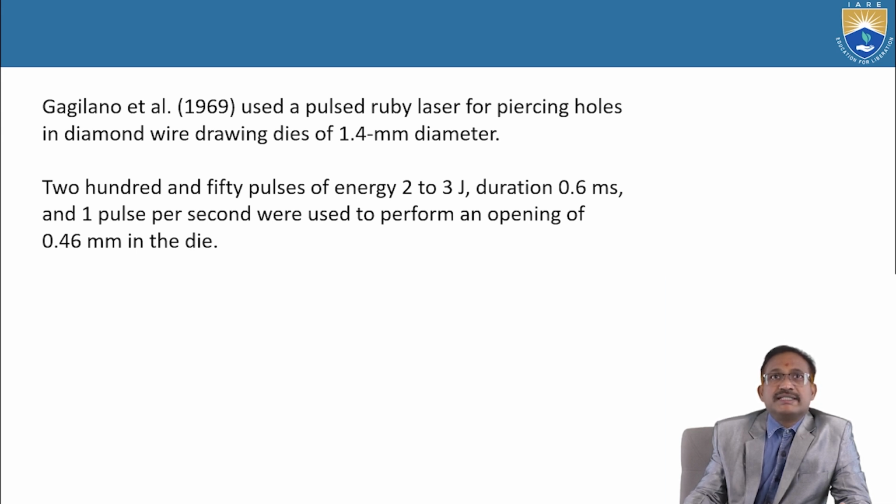during 1969, Gagillon et al. used a pulsed ruby laser for piercing holes in diamond wire drawing dies of 1.4 millimeters diameter.